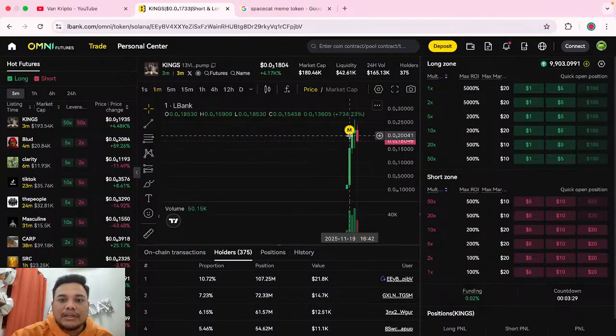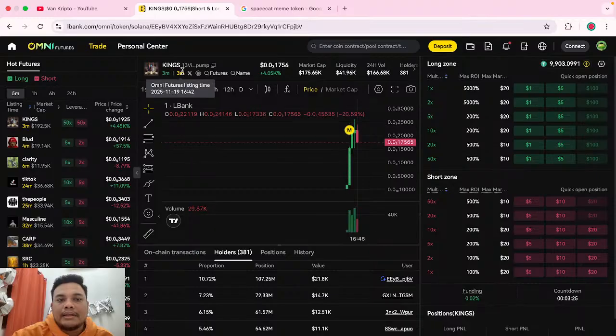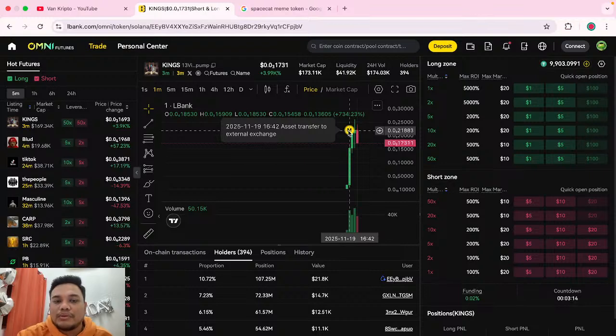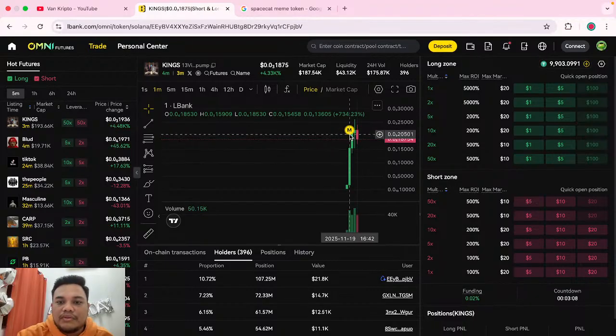From here to here took about 1 minute, and then after that they just got listed here, right? So the M circle is right here. It shows that the asset just transferred, which means the liquidity, this Kings meme coin, just transferred to this Omni futures.